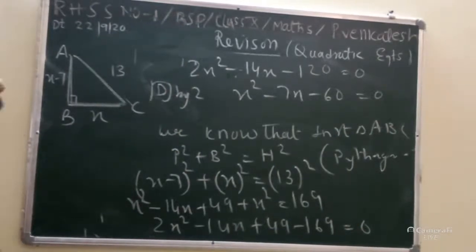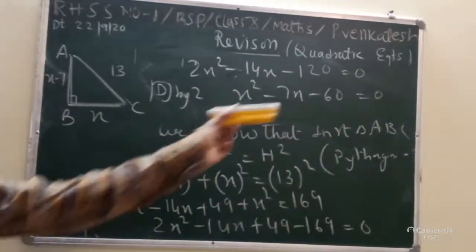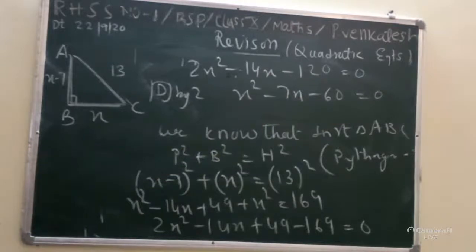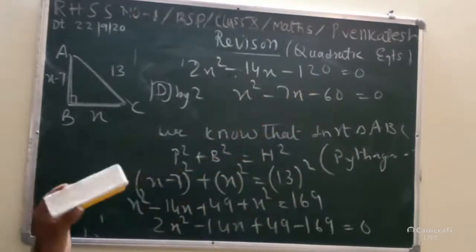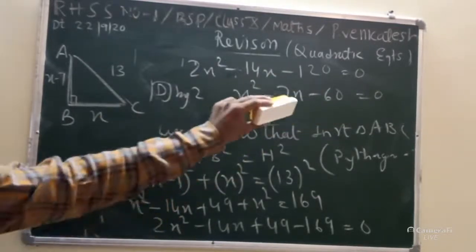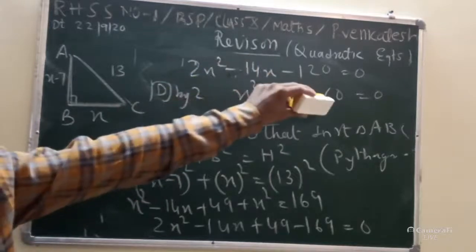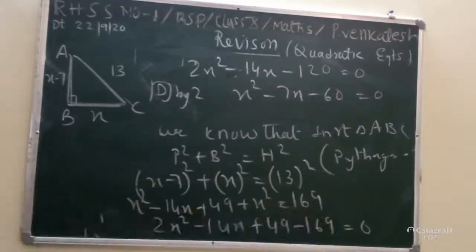Now as I told you, 60 into x square, you will take the term 60. Now find out prime factors. Clearly you can see that 12 into 5 is 60, 12 minus 5 is 7. So 12 and 5 you can take these numbers and solve it. Then you will get x equal to 12 and x equal to minus 5.